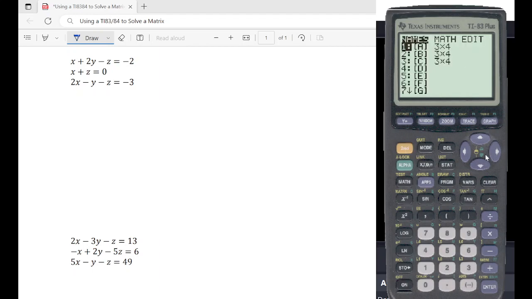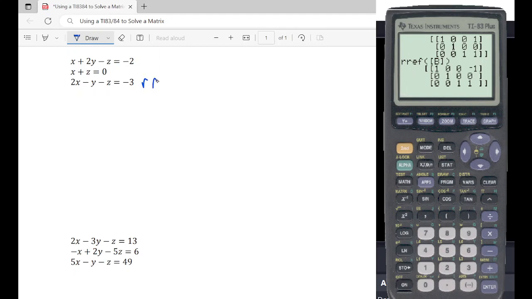Second matrix to get the reduced row echelon form. So we go down to reduced row echelon form. And then we want to select the matrix we want to put into this form. So second matrix again. We're going to choose B, close the parentheses, and then there is our diagonal of 1s, and the answer being -1, 0, 1.